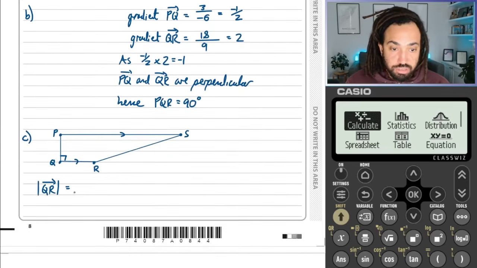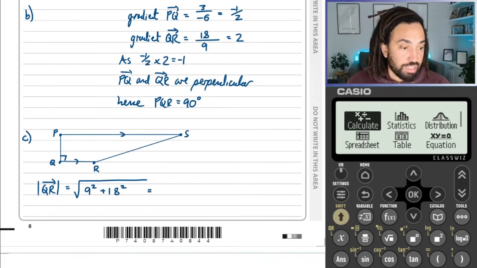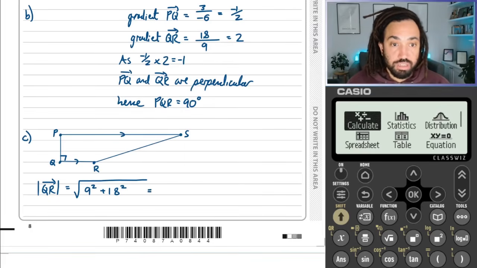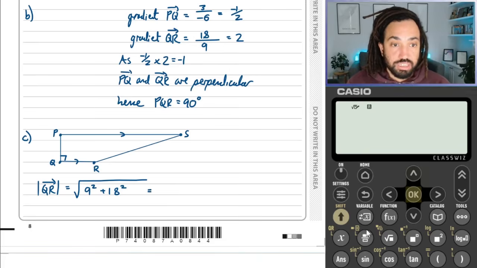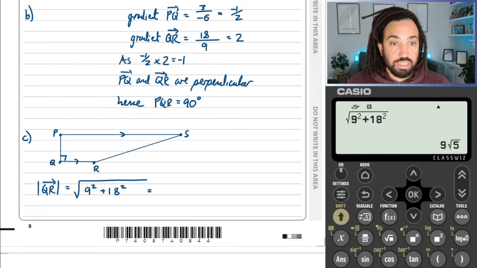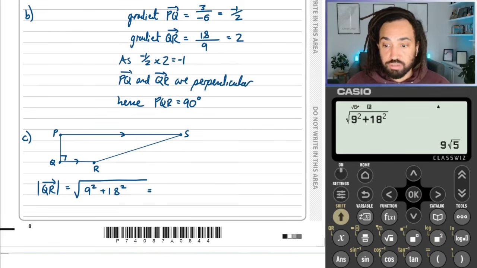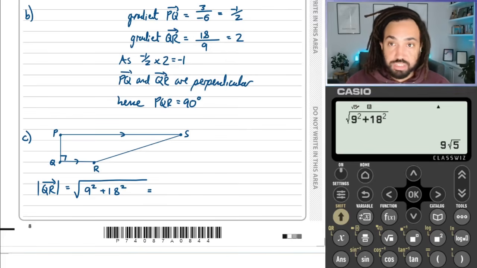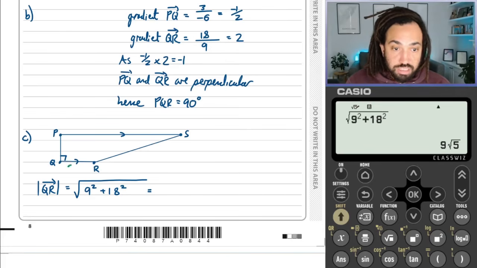So the distance of a vector is the square root of the sum of the squares of their components. So we can get the calculator pop in for the first time. So that is the square root of 9 squared plus 18 squared, and that's 9 root 5. Okay, great. Alright, so let's put that on the diagram. That's 9 root 5.